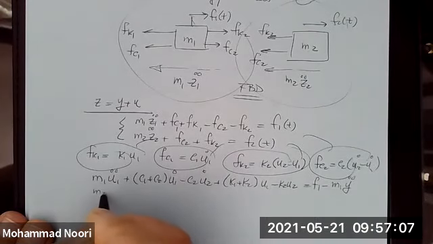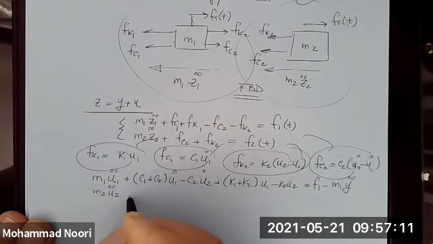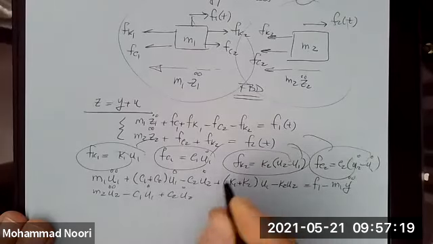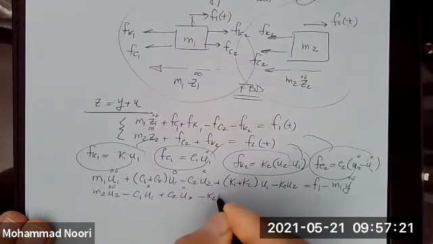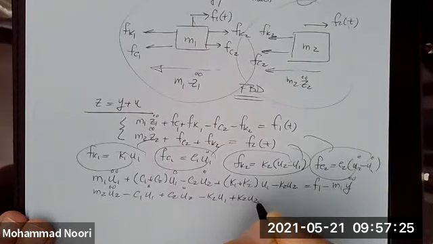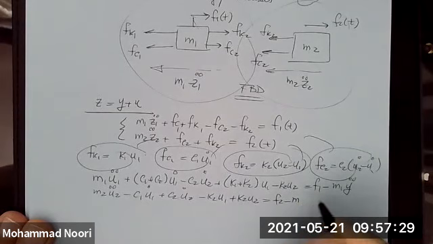And the other one becomes M2 U2 double dot minus C2 U1 dot plus C2 U2 dot minus K2 U1 plus K2 U2 is equal to F2 minus M2 Y double dot.